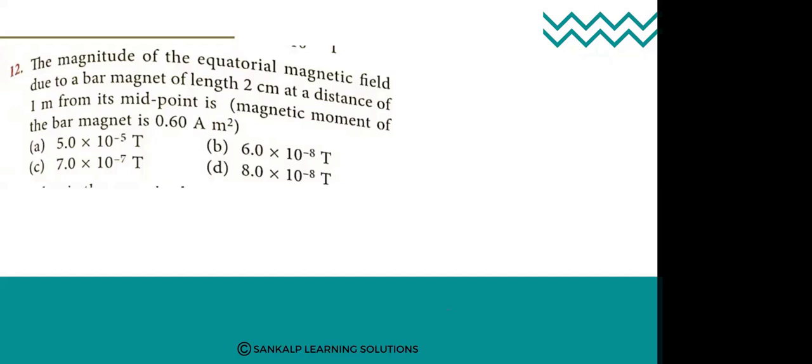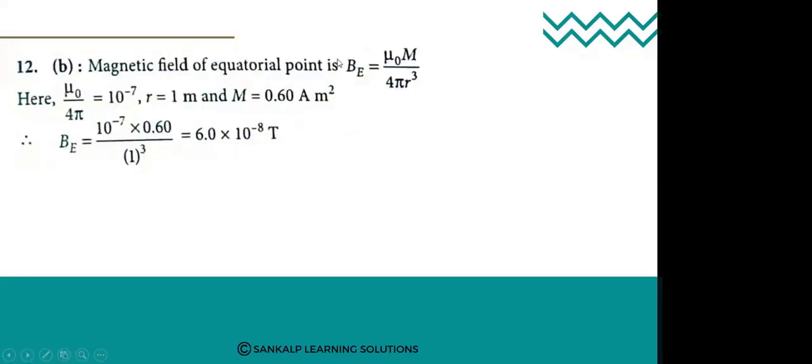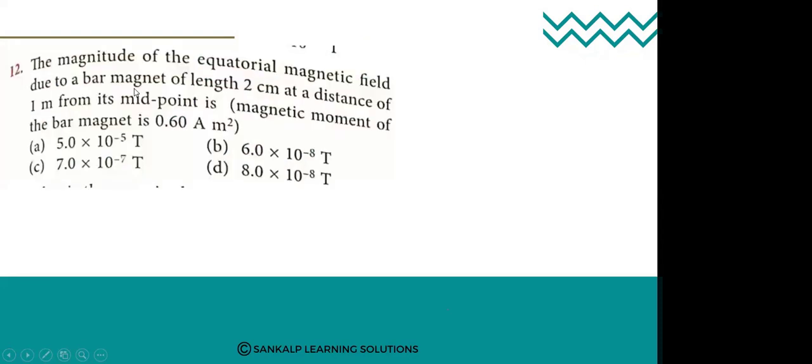Length is given. So you can see mu naught upon 4 pi, it is M by r cube. Why? See what they have specified.